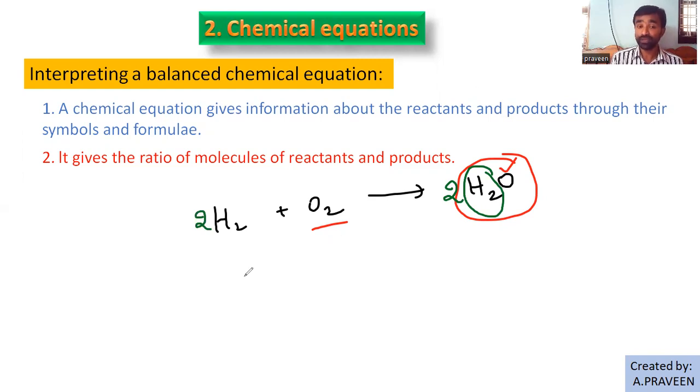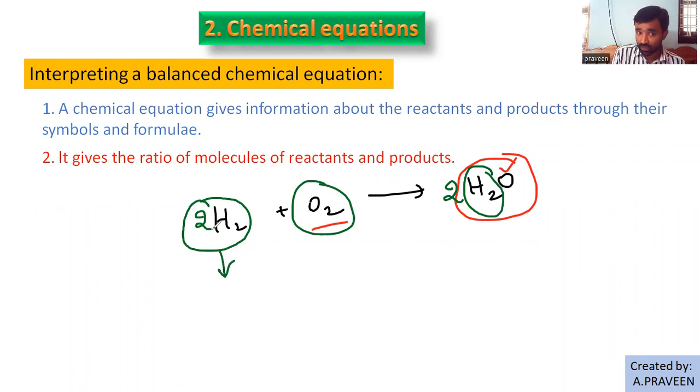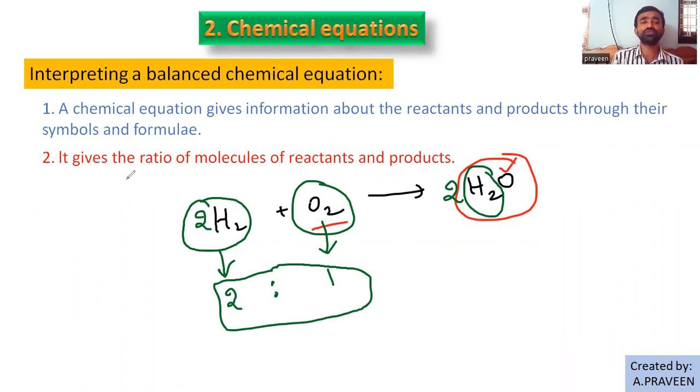Then what to do? Here, simply look at the coefficients before the reactants. Oxygen, hydrogen. Hydrogen 2, oxygen 1. So the ratio of the reactants is 2:1. So this is called the ratio of molecules of reactants, right?